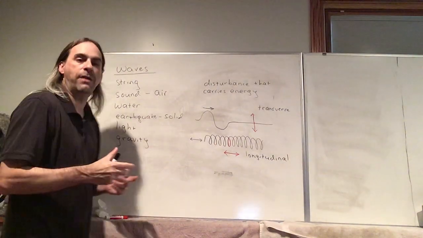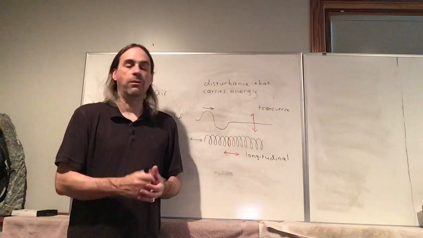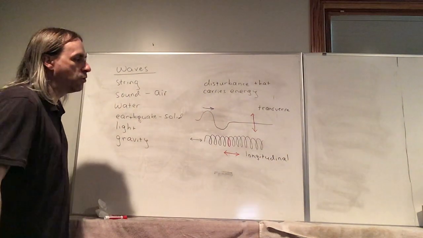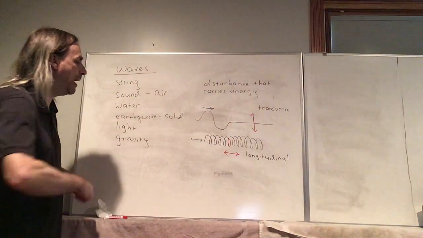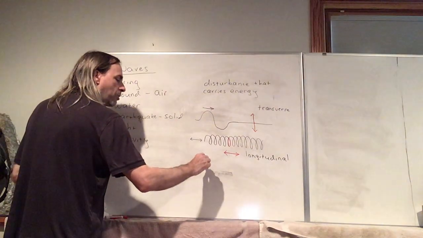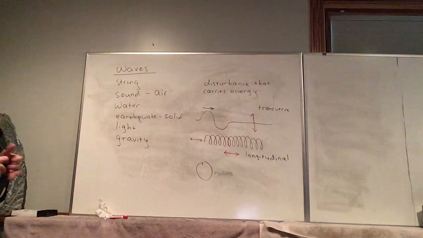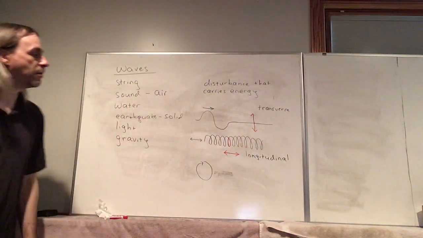Like if you look at a wave on the surface of water, like say you drop a stone in a lake and watch the wave move out, if you look at the molecules in the water as the wave passes by, they actually go through kind of like a circular motion as the wave passes by. So not every wave is going to behave perfectly like one of these two simplified examples.